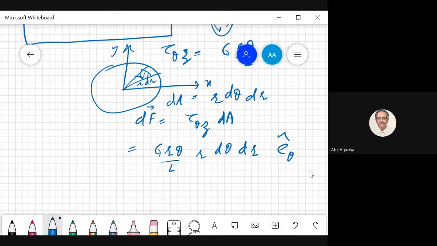Now I want to see what is the moment exerted by this force about the center. That will be what? The radial vector crossed with the force. What is the radial vector?